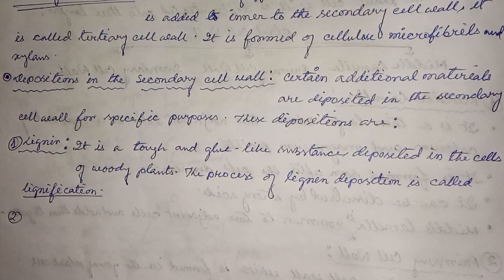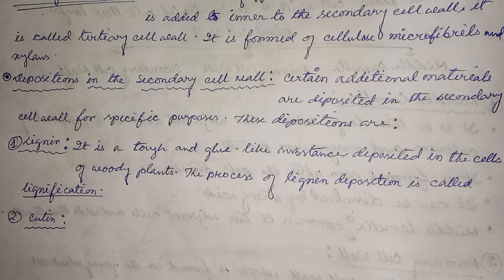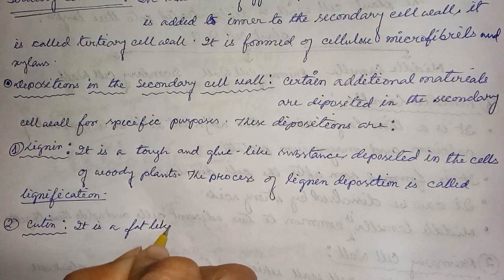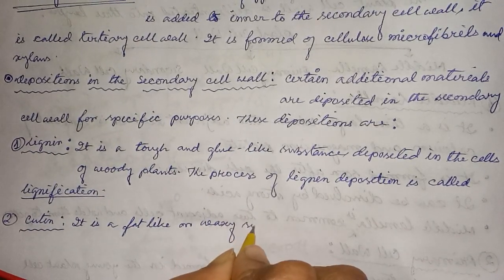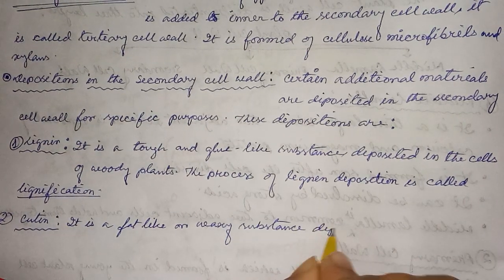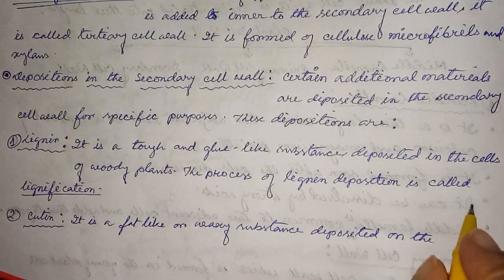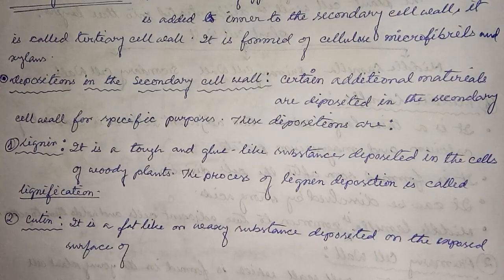Now next, cutin. It is a fat-like or waxy substance deposited on the exposed surface of epidermal cells.